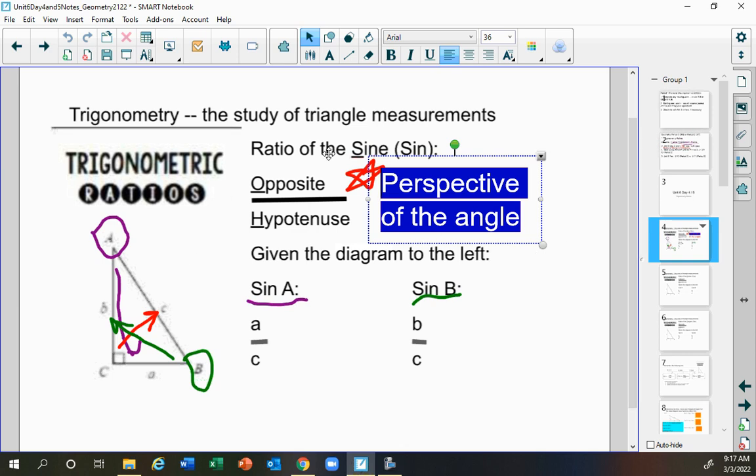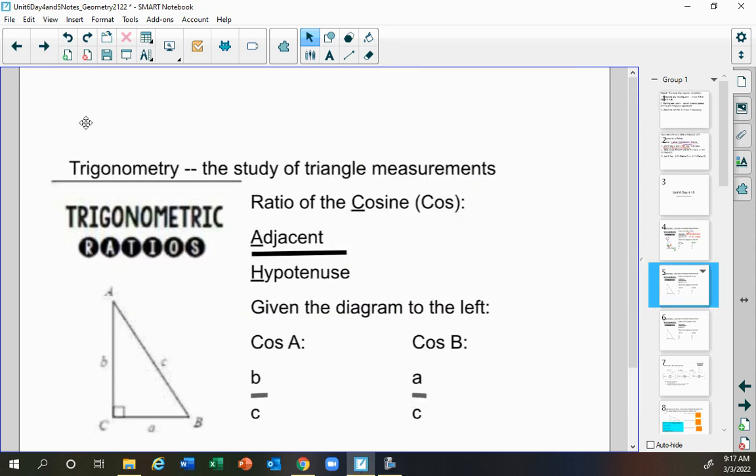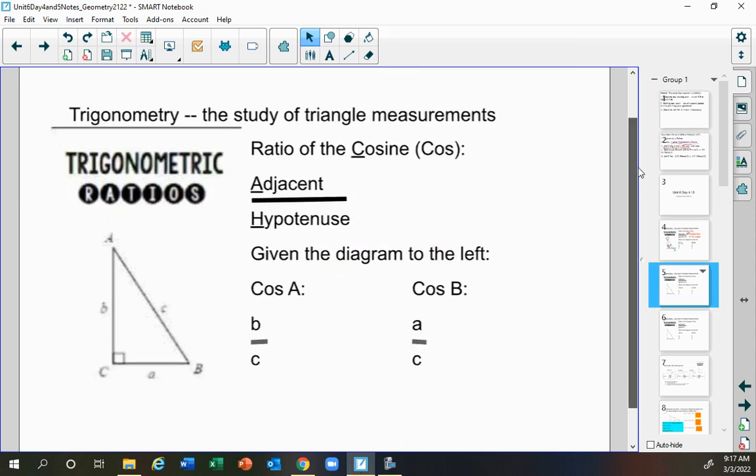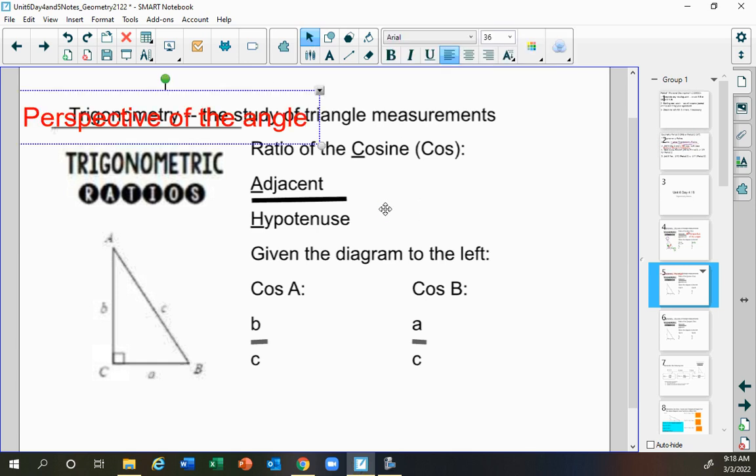So besides the sine, we also had the cosine. Again, it's all about the perspective of the angle.